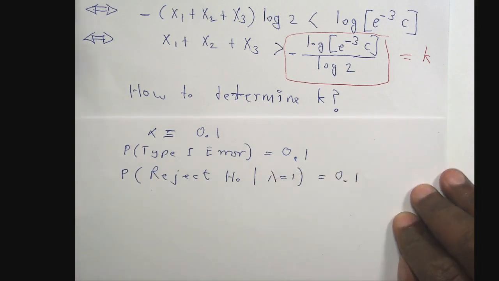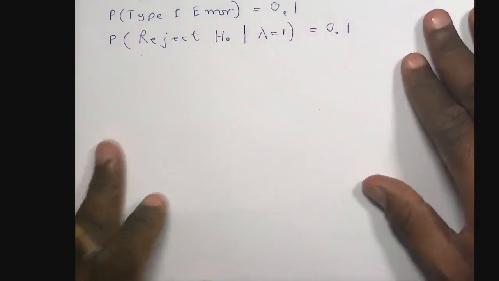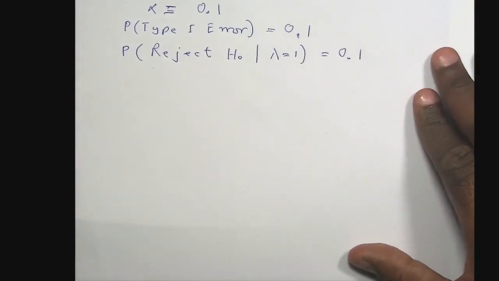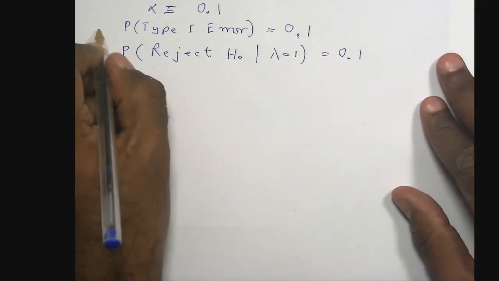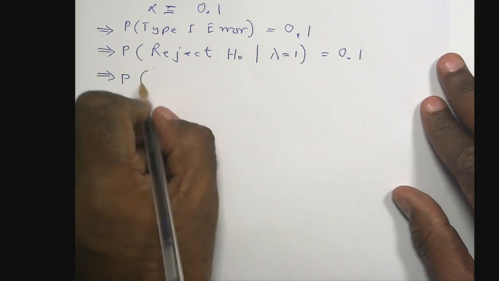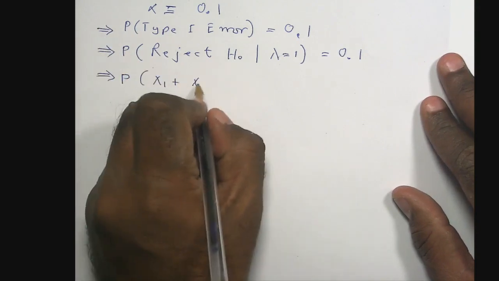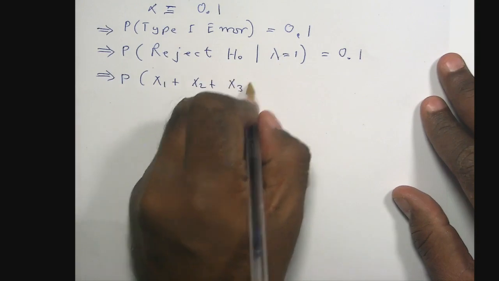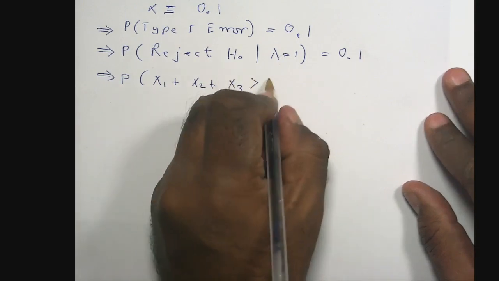Okay, now let me take this outside. Now we reject H0 in this example if x1 plus x2 plus x3 is greater than k.